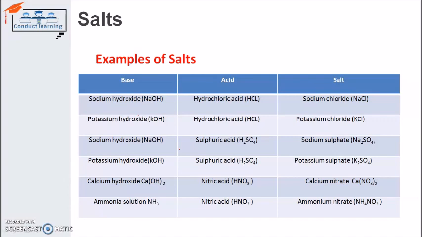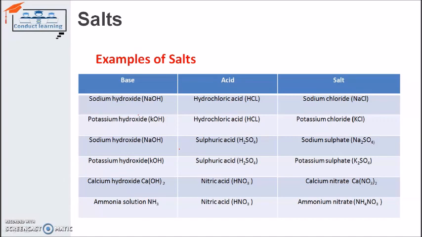When it reacts with the same acid, hydrochloric acid, it gives us potassium chloride, and the formula for this is KCl. Another example of a salt is sodium hydroxide reacting with sulfuric acid, and they give us sodium sulfate. The formula for this is Na2SO4. So sodium sulfate is a salt formed by sodium hydroxide and sulfuric acid.